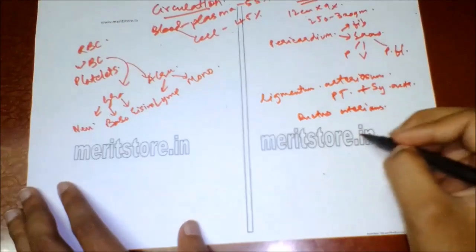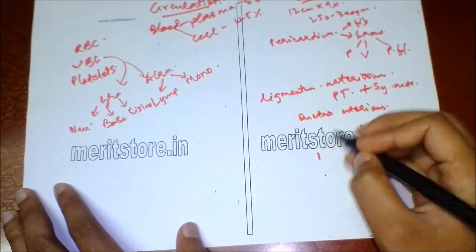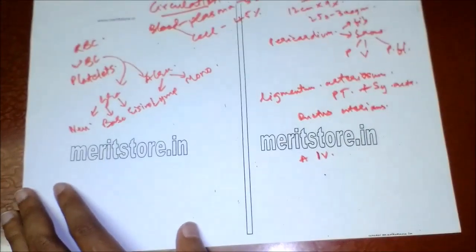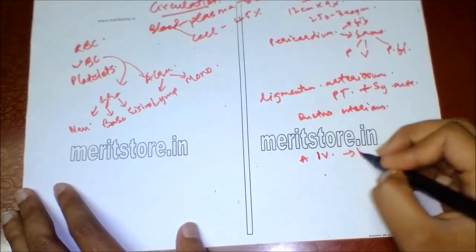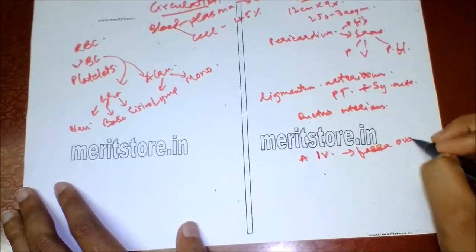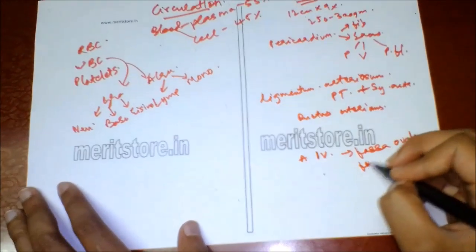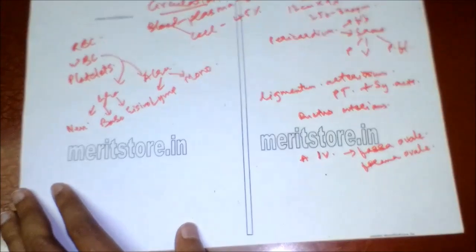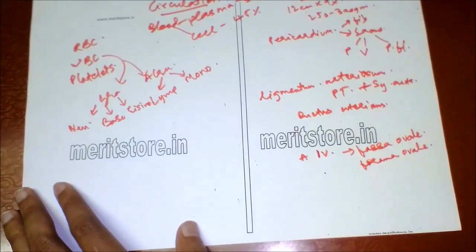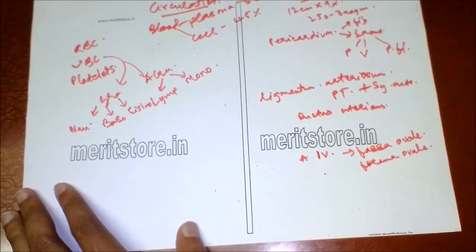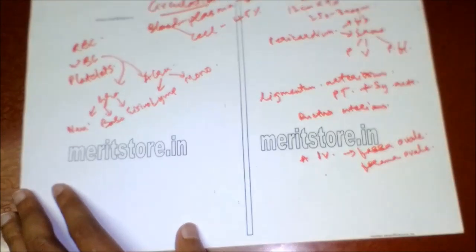There is one partition in the interatrial septum, which is known as fossa ovalis, which is the remnant of the foramen ovale in the fetus in intrauterine life, which helps in the passage of blood from the left to the right side of the heart.